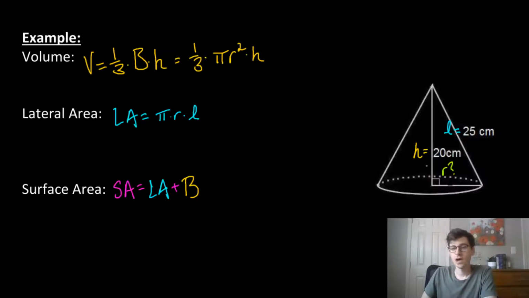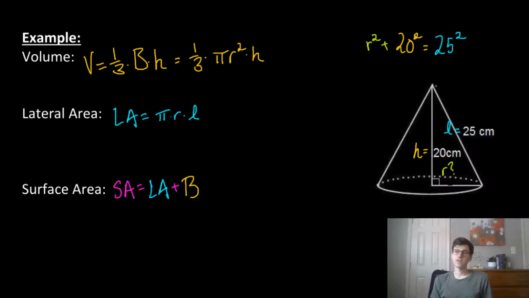Fortunately, the height and the slant height make a right triangle with the radius. So r squared plus height squared, which is 20 squared, equals the slant height squared, which is 25 squared.